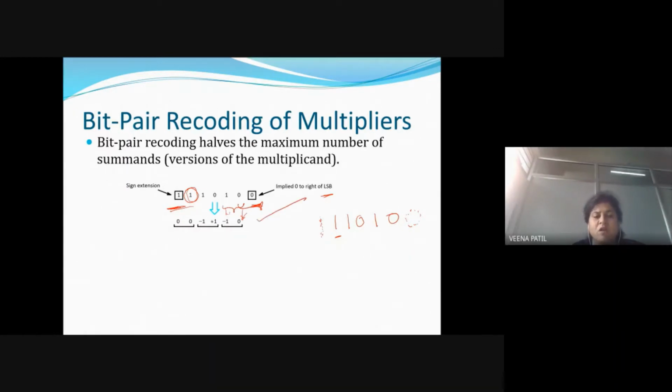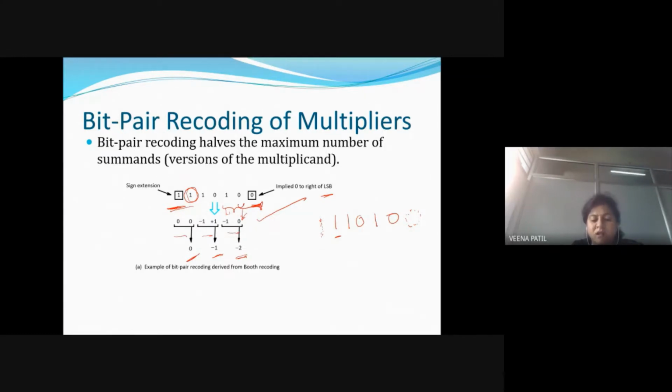After recording, again he is saying to take pairs of these records in groups of 2. Now how are these groups going to be replaced by the new recorded multiplier? If it is -1, 0, put it as -2. If it is -1, +1, put it as -1. If both are 0, 0, then simply put it as 0.